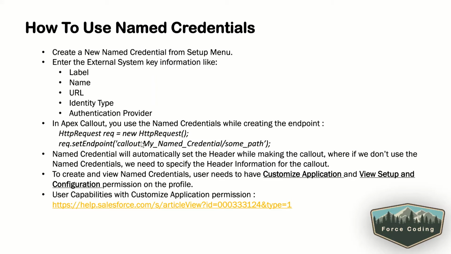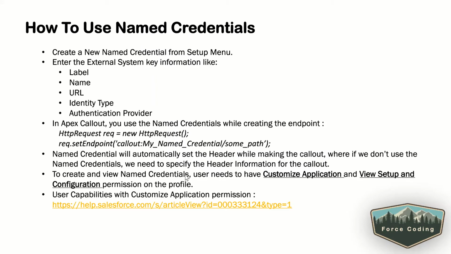So you can simply refer to that name, and Salesforce automatically generates the header for this callout with the required authentication that you require for that external system. Right, so that is all about the theory part of name credentials.